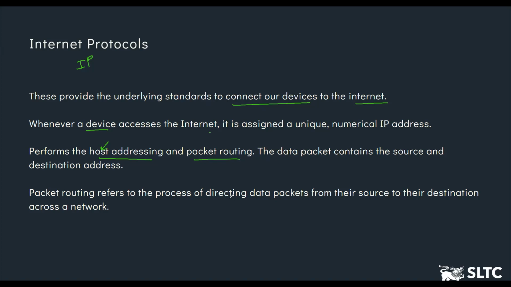There are routing tables at each hop, and after checking the routing table, the packet will be delivered to the correct location or correct next hop. So those things are done by the internet protocols.